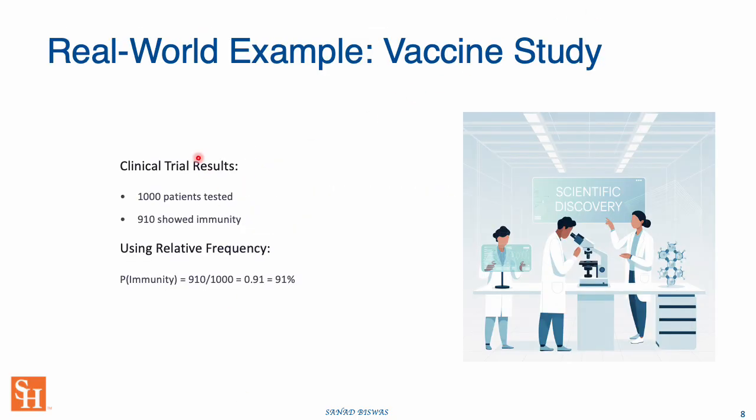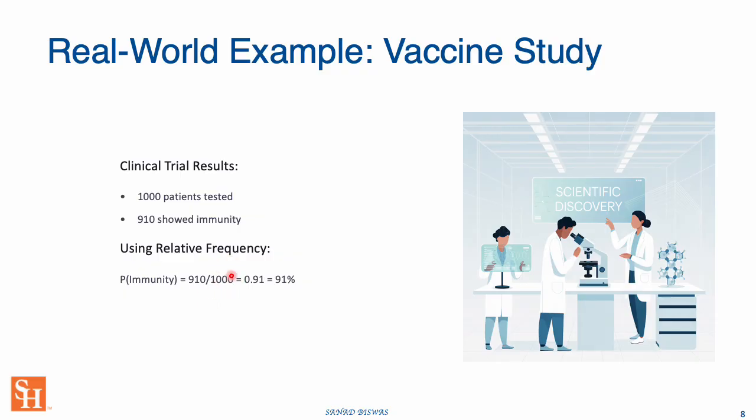Suppose you are doing a clinical trial of a vaccine, and assume that this vaccine was applied to 1000 patients and 910 of them showed immunity after taking it. In this situation, how can we calculate probability? We can use relative frequency. We take the frequency, that is the number of patients who showed immunity after taking the vaccination, and divide that by the total frequency, which is the total number of patients.